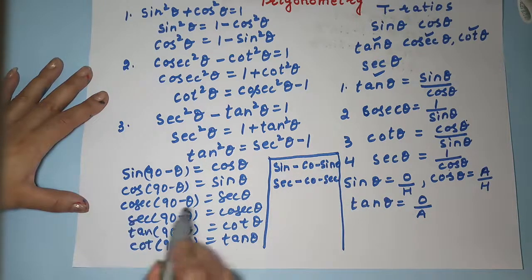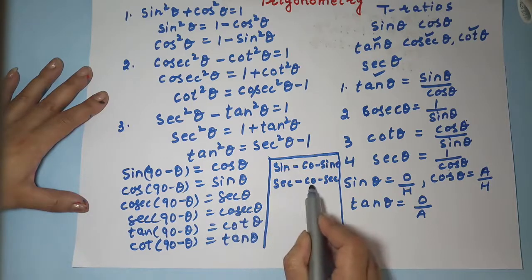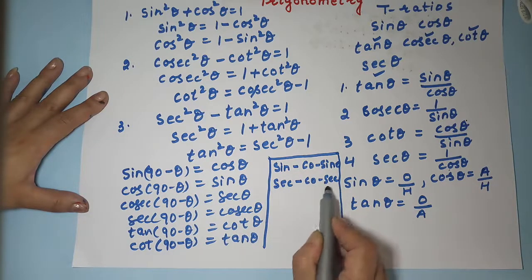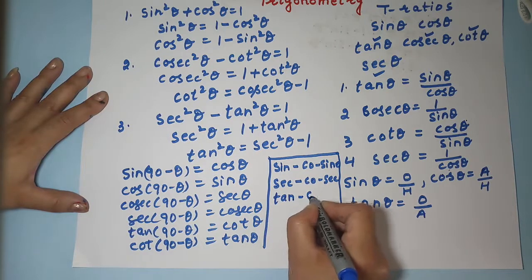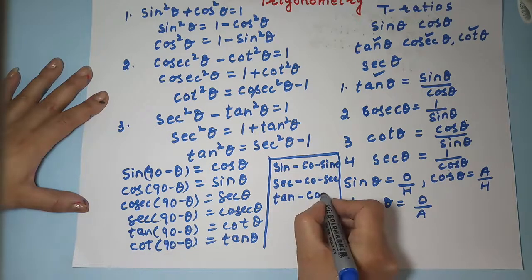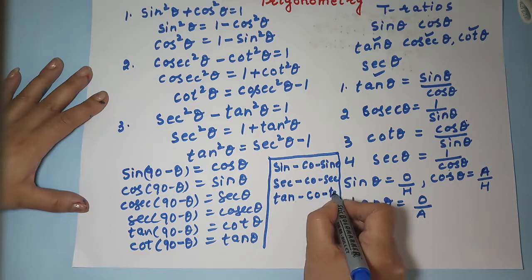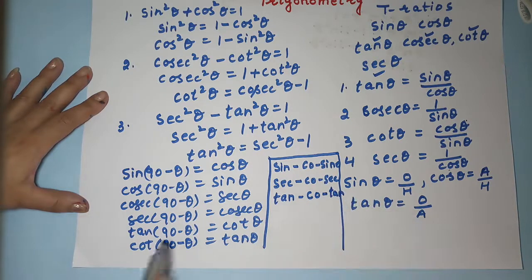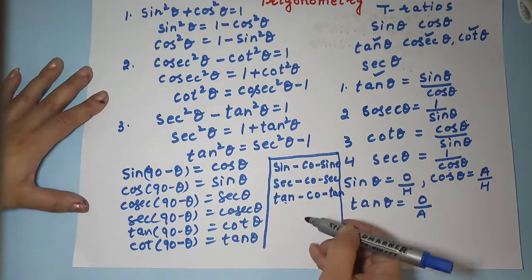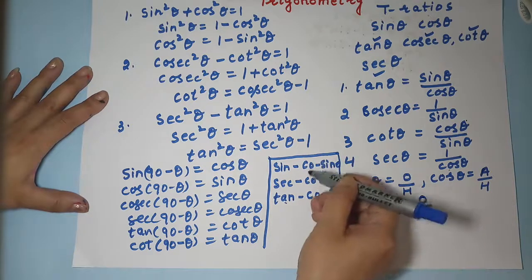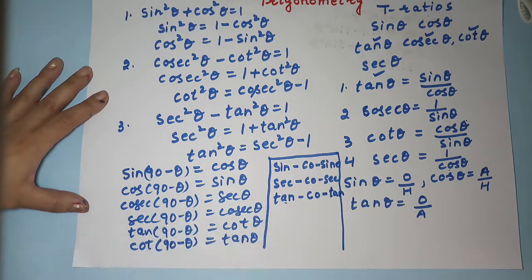You write cosec and sec. Sec is the complementary angle of cosec. Then you write tan and cotan, which is basically cot. You name it as cot. So cotan means both of them are complementary angles of each other. See their name, how they are named also. They are named like that only so that they are complementary angles of each other.